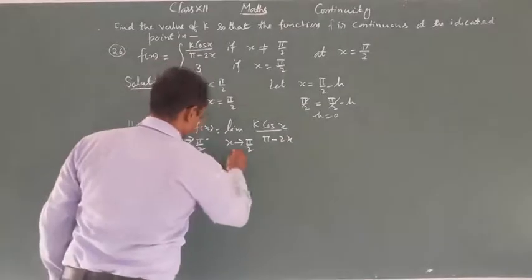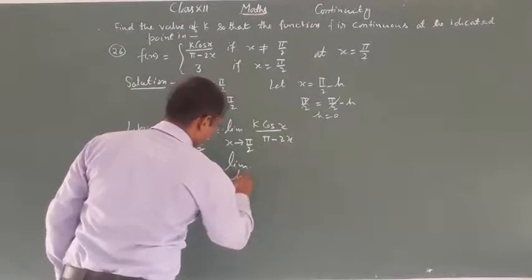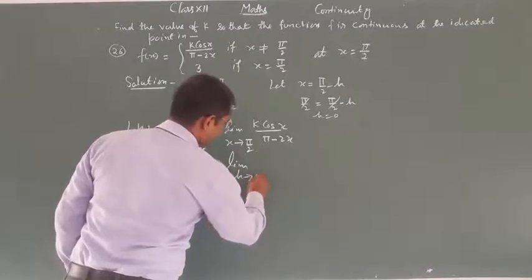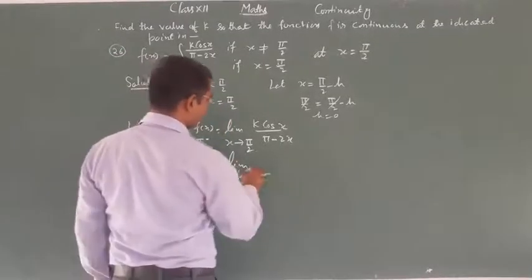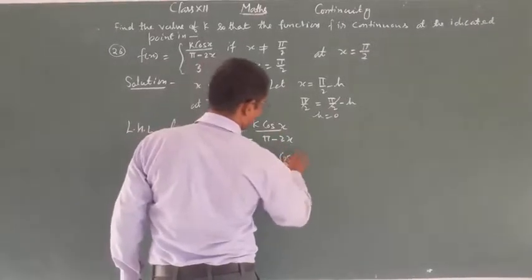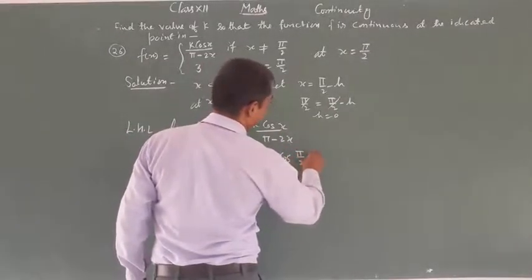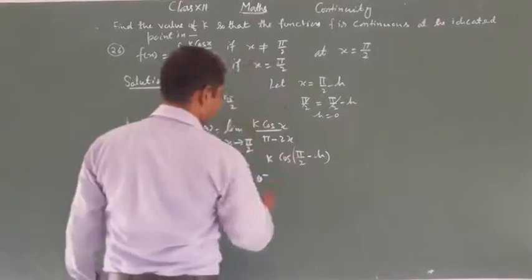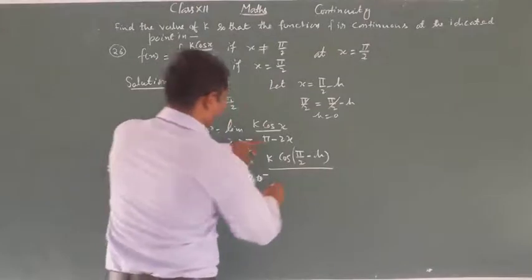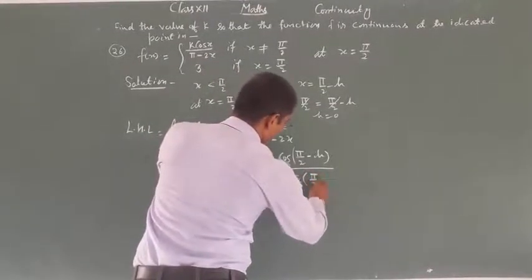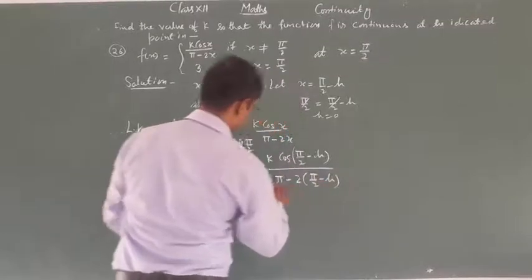Now limit h tends to 0, left hand limit, k cos of pi by 2 minus h upon pi minus 2 into pi by 2 minus h.